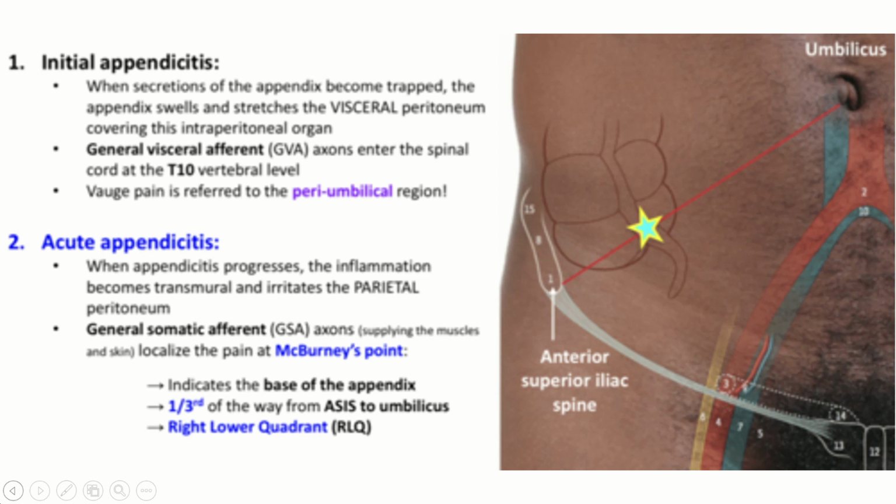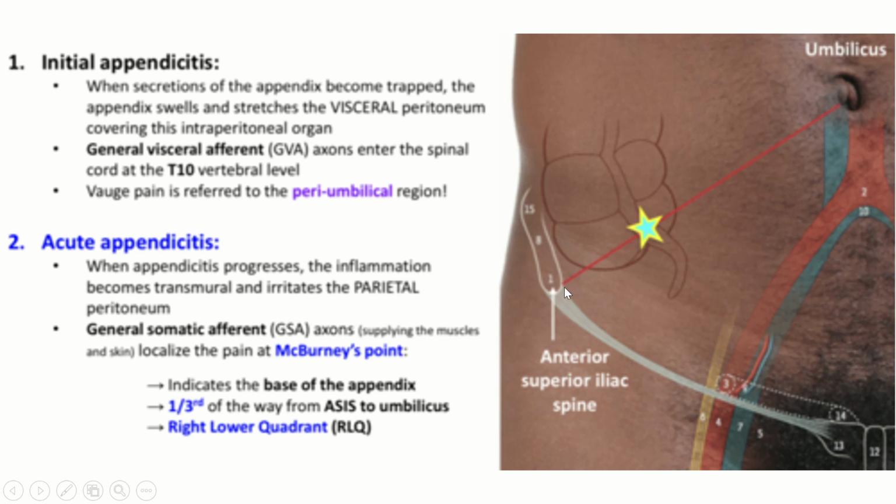When it invades the transmural layer, it irritates the parietal peritoneum, and from the parietal peritoneum, the pain is carried through the general somatic afferent axons, which supply the muscle and the skin of this area. This is called McBurney's point. McBurney's point indicates the base of the appendix.